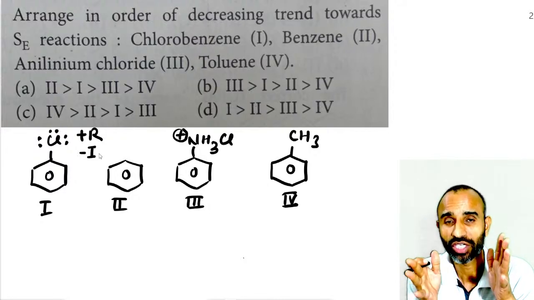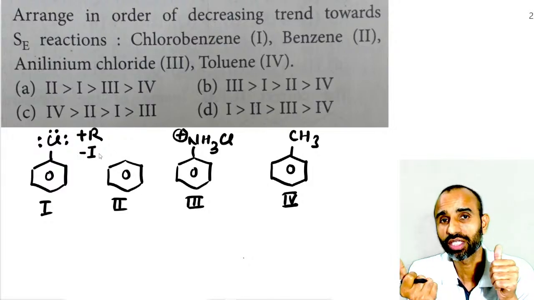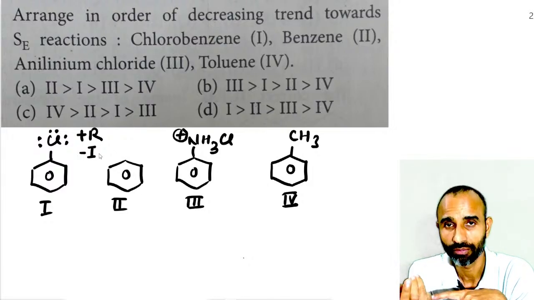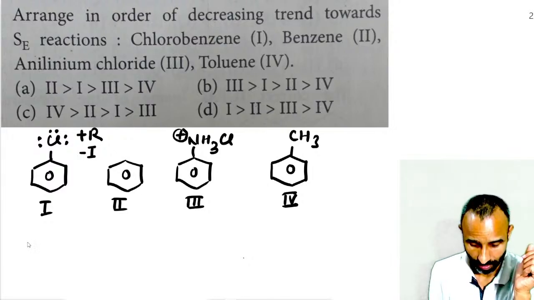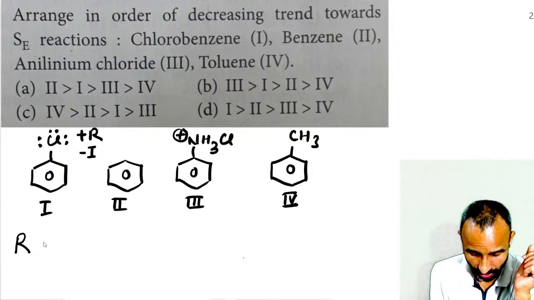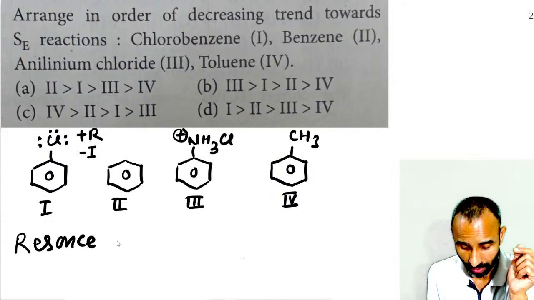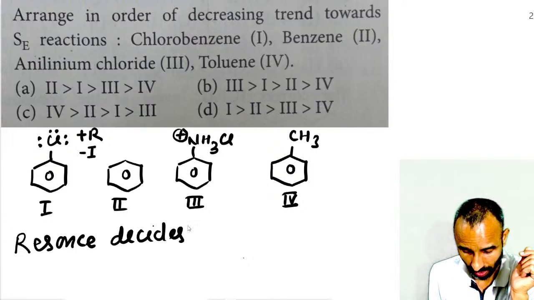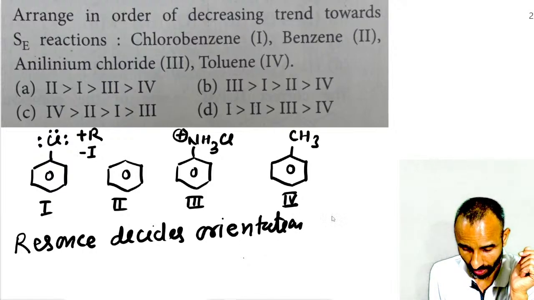But keep in mind, halogens are exceptions. There are special cases where resonance decides their orientation. Only in halogens, resonance decides orientation, and that's why it is ortho-para directing.